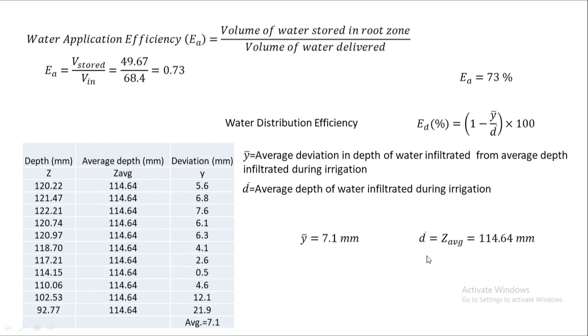D is equal to the average, which is 114.64. Now substituting the values of Y and D in the equation, the water distribution efficiency is equal to 93%. So we have calculated the water application efficiency as well as water distribution efficiency.